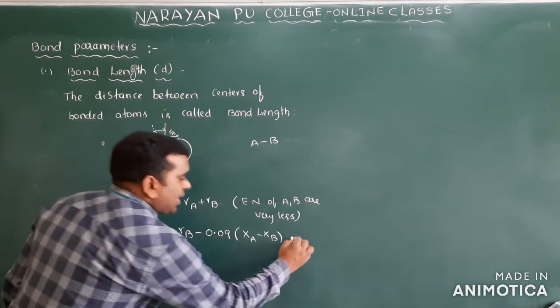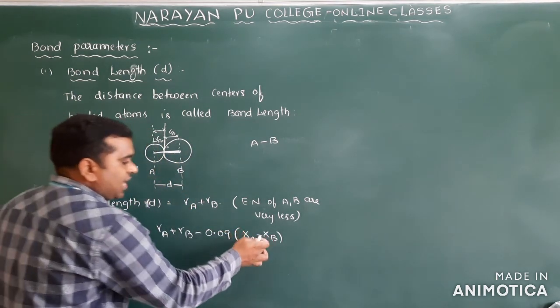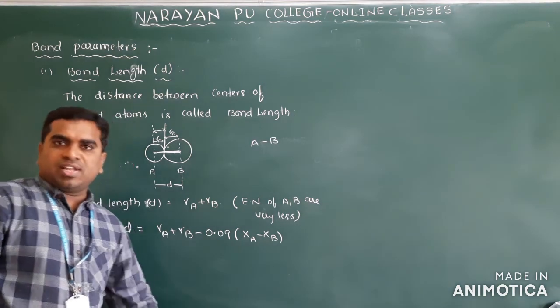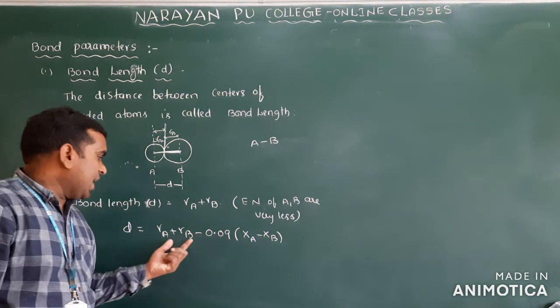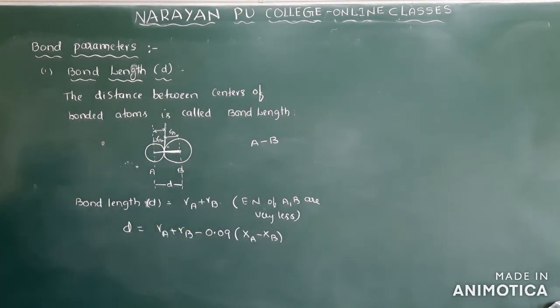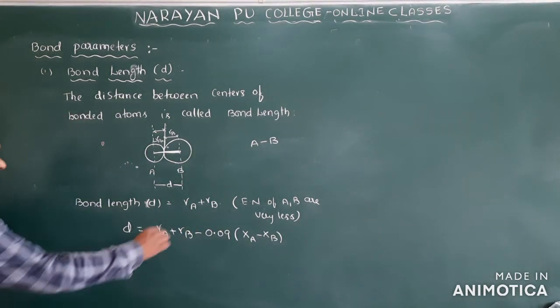Here Xa and Xb are the electronegativity values, and Ra and Rb are in angstrom. We have to take this one. Clear? I will discuss it.